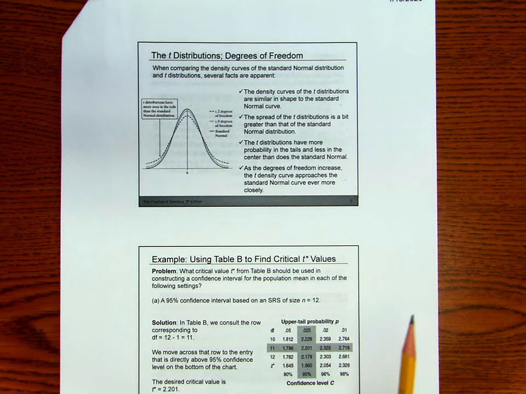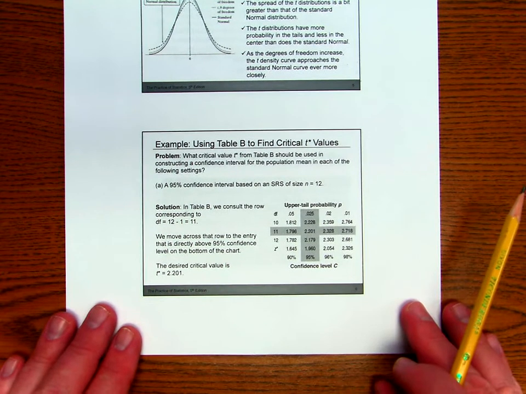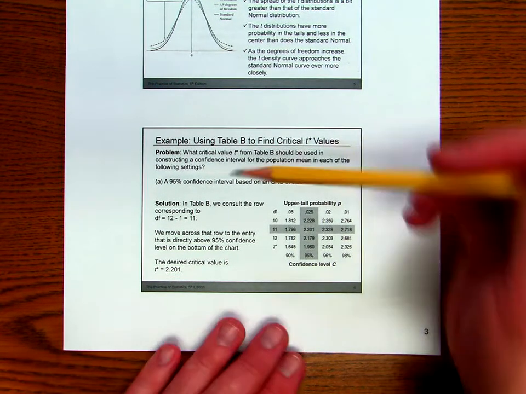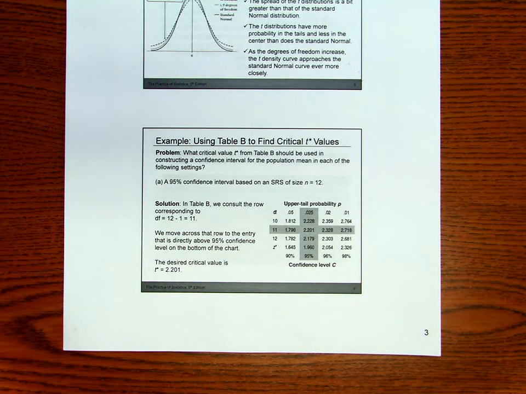All right, so one of the steps in doing these problems is you are going to need a t-star, just like we needed a z-star. When we did the confidence intervals for proportions, we needed a z-star. Confidence intervals for means, when we don't know population standard deviation, we need a t-star.